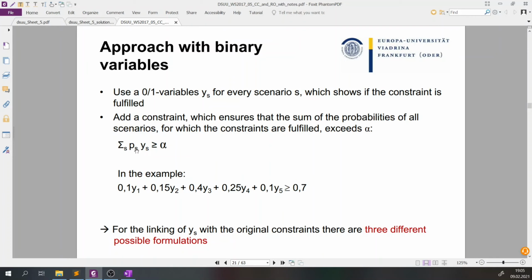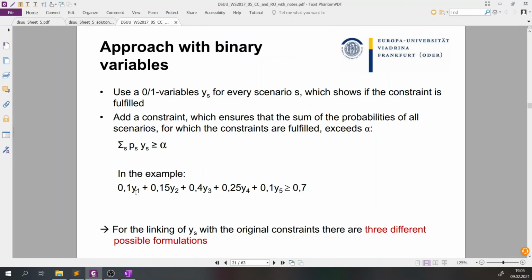Ys is the variable that defines our decision whether the constraints of scenario S are taken into account. For example, we see that 0.1, which is the probability of scenario 1, is multiplied by y1.